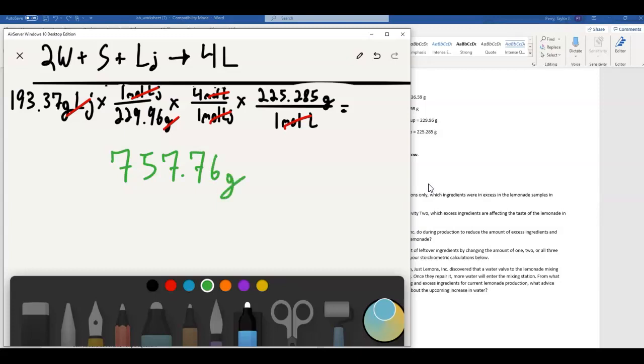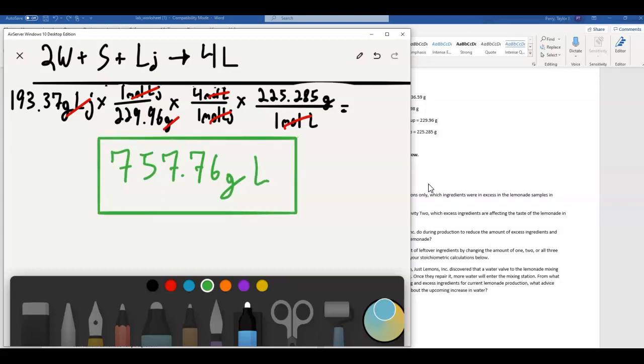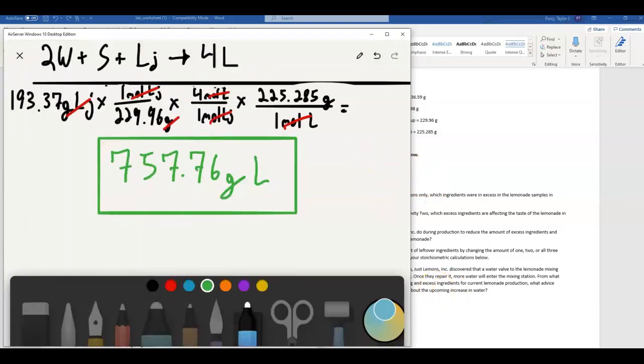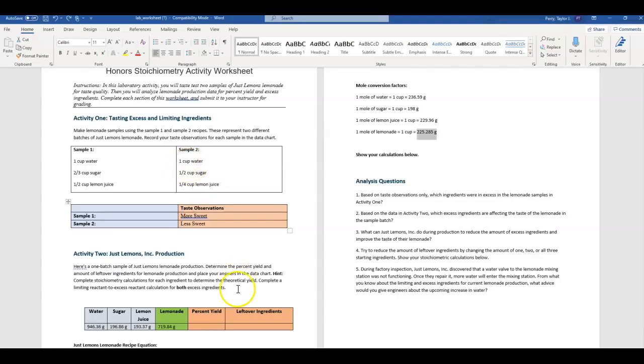All right, so that's going to be my answer. This is how much lemonade I can make. Well, we're not done yet, are we?